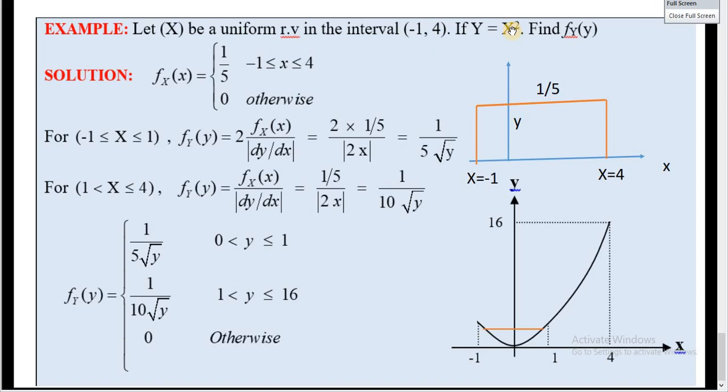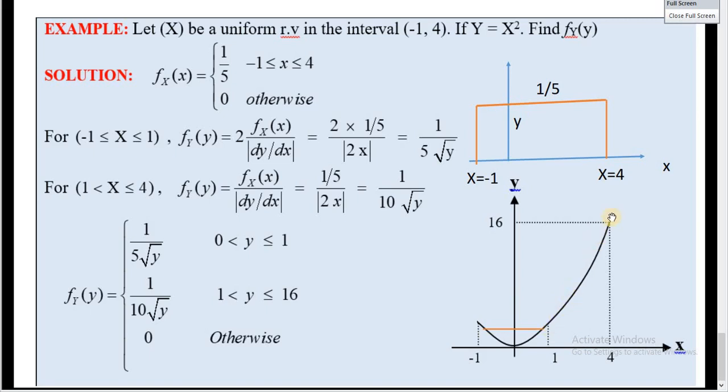Now we have y equals x squared. So we look at the curve y equals x squared. Now x as a random variable changes between minus 1 and 4. Over the interval from 1 to 4, each value of x leads to only one value of y.